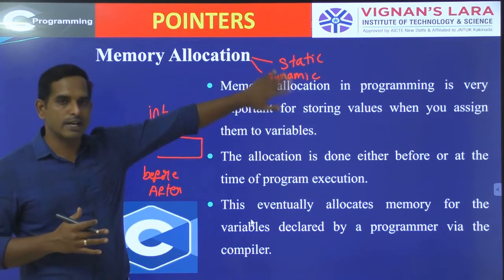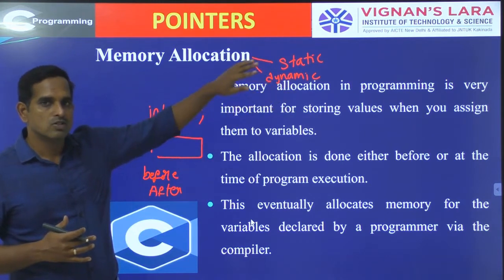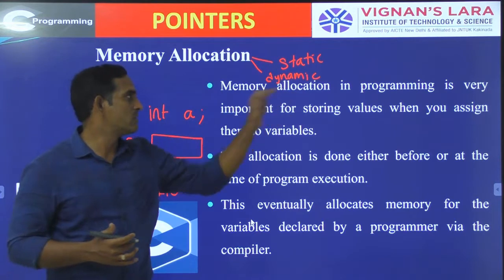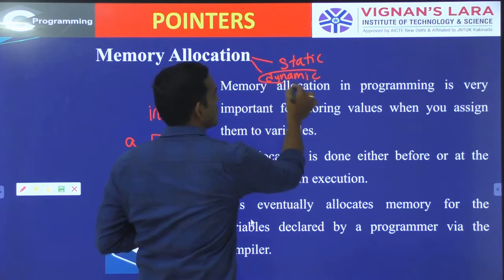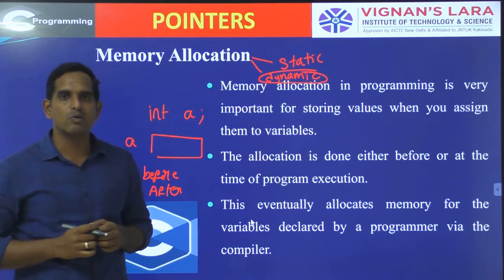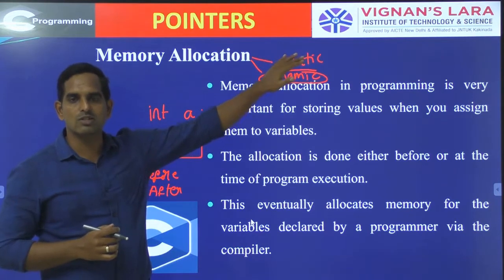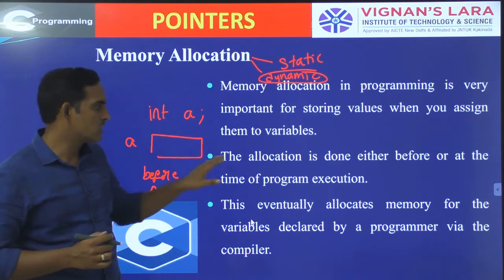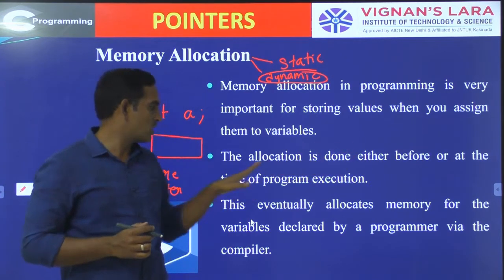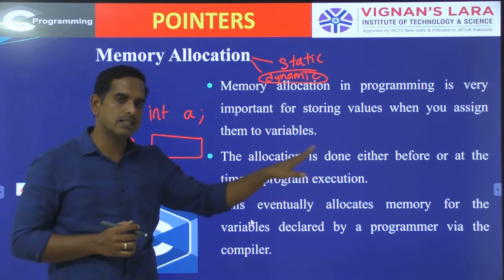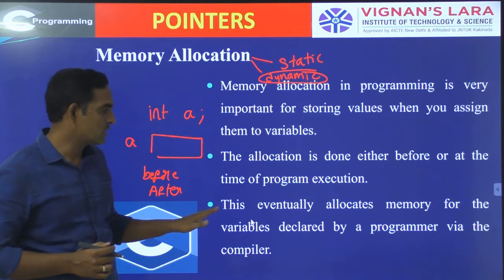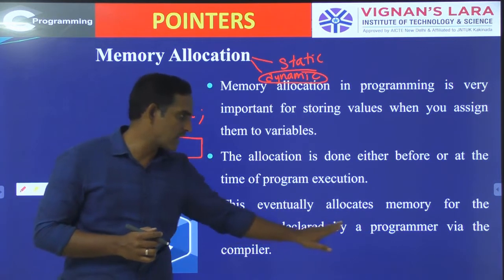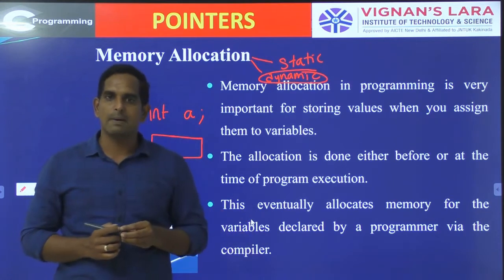So based upon when you are allocating memory to your variables, we have particular types of memory allocation. When it is during the execution time, we will be calling it dynamic memory allocation, or before the execution, we will be calling it static memory allocation. This will eventually allocate memory for your variables declared by a programmer via the compiler.